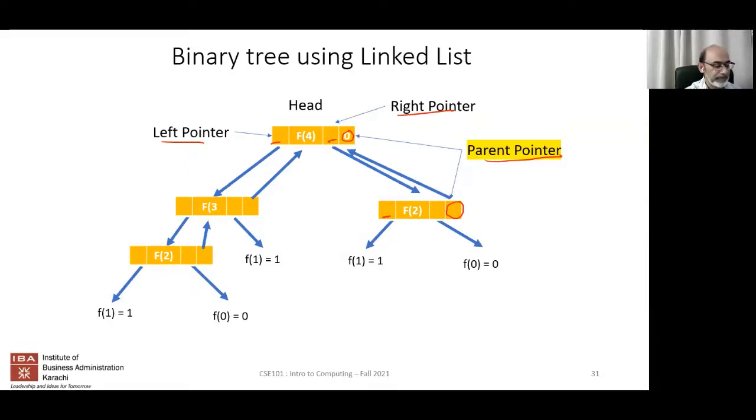So I hope things are clear so far. Ryan: What if the function was being called 3 times? Would there be a middle pointer too? Say that again. You're saying the function f3 dies, did you say? No, not dies.